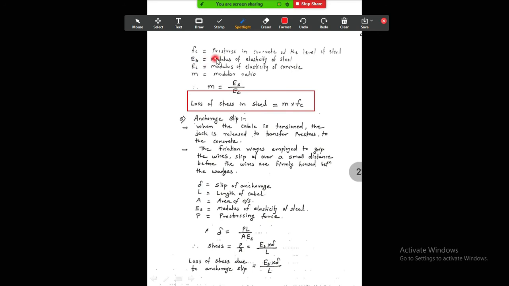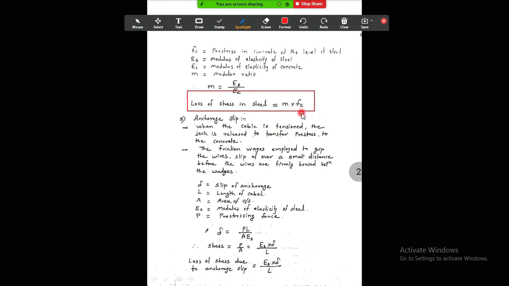Fc is the stress in concrete at the level of steel. I will also explain this once we switch to the whiteboard. For now you should know that Fc is the stress in concrete at the level of steel.